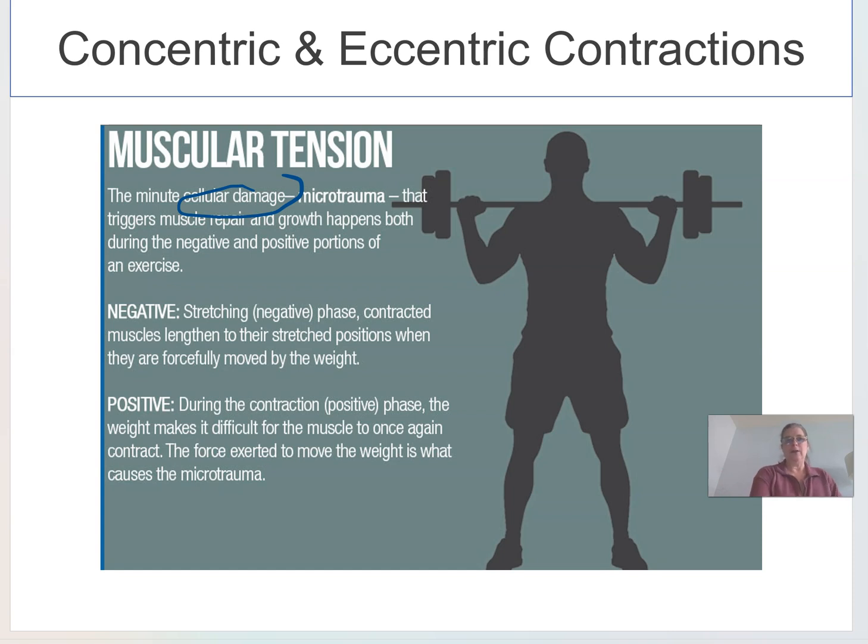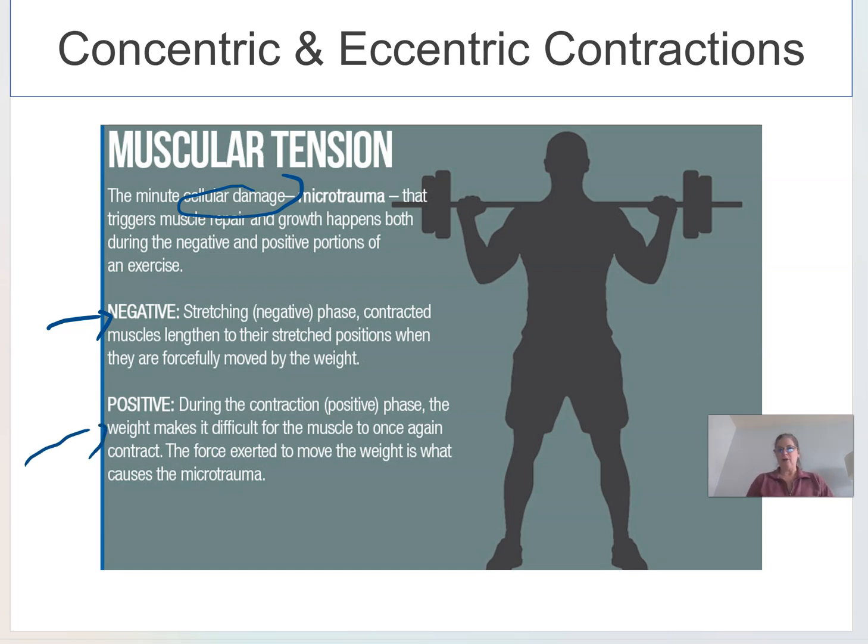But we also know that the negatives, the eccentric, cause more muscle damage. So some people just do eccentric work. So maybe if you're doing a bench press, when you push up, that's the positive. Bringing the weight down is the eccentric or the negative. Some people just do that because it causes more muscle damage, and the idea is you might get stronger, but really both of them are essential.